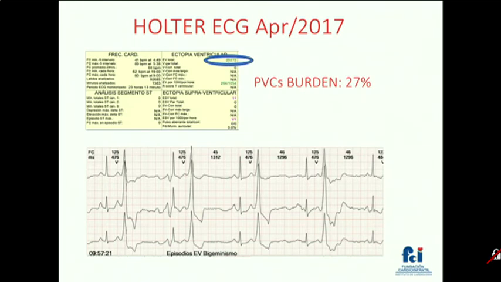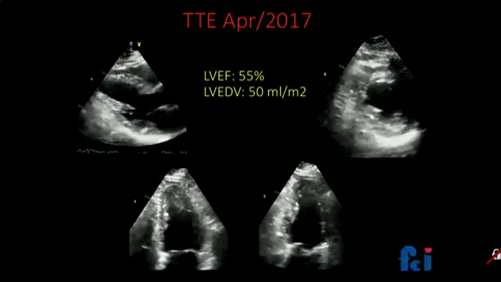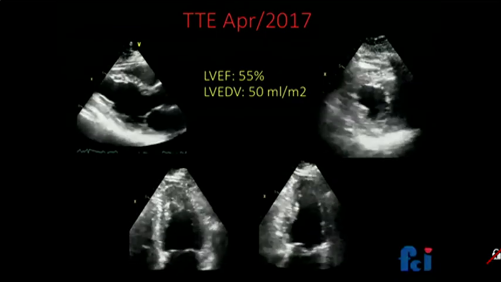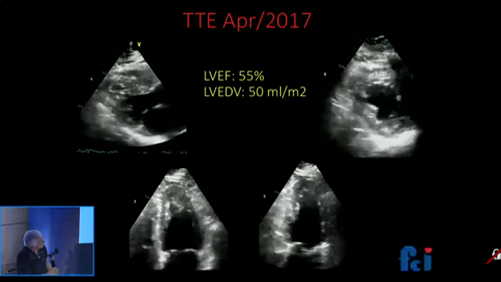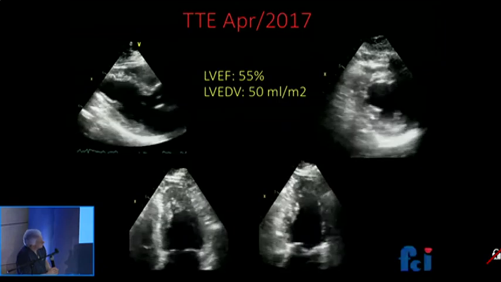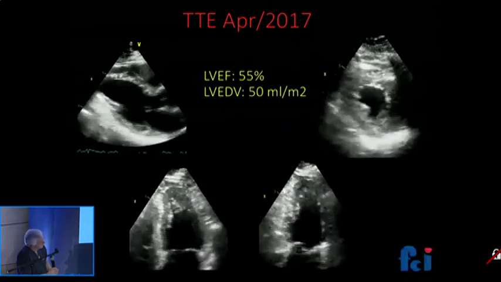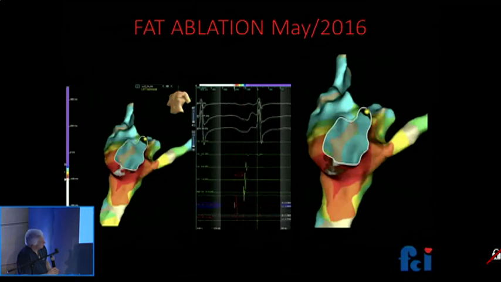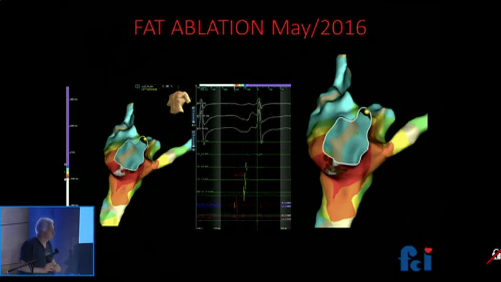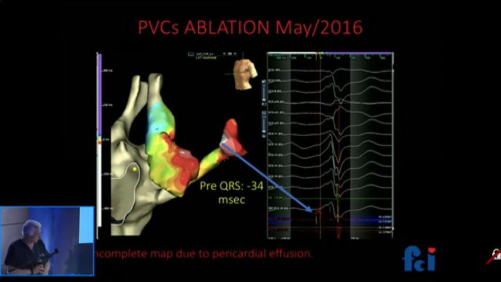If you look down here, she doesn't have any more atrial arrhythmia episodes. This is the present echocardiogram. It is within normal limits with a normal ejection fraction for the left ventricle and normal volumes. And these are images of the ablation procedure performed in 2016. Initially, through activation mapping, the origin of this tachycardia was the tricuspid ring, and it was ablated successfully.